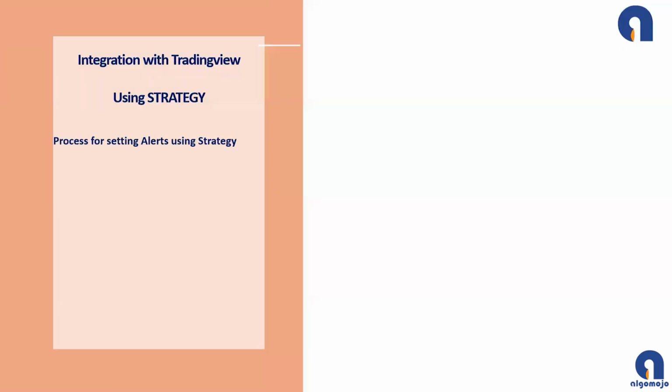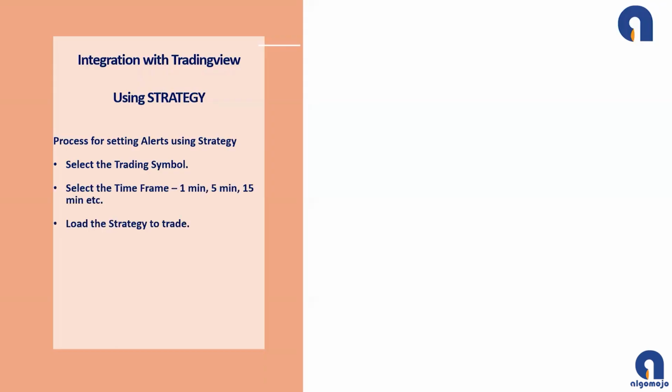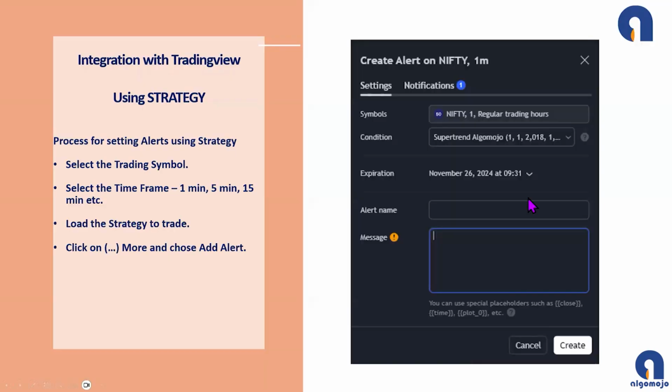So when you are using a strategy, the process is that first select the trading symbol, then select the time frame, then load your strategy, then go to alert and create an alert, where the box will look something like this. In the message box, add the content and update the webhook URL. Just say create. If it is an indicator, then you have to create two alerts, one for entry and one for exit.